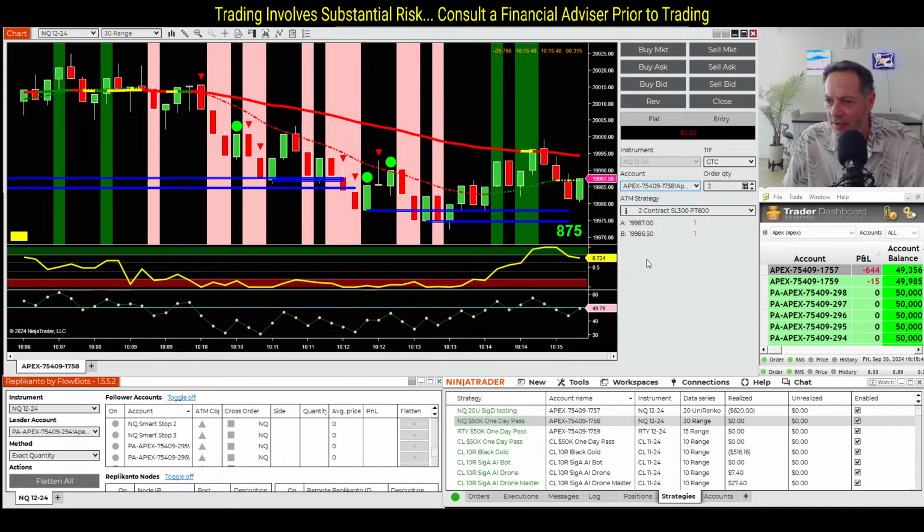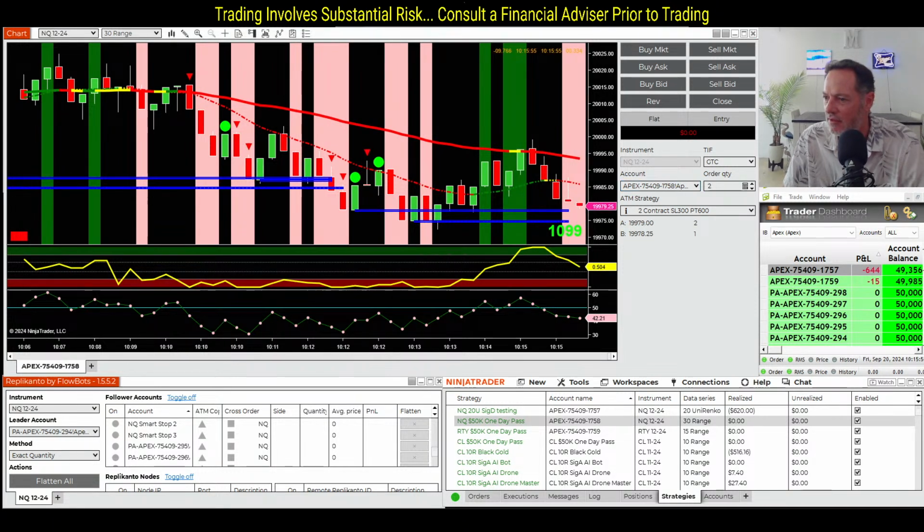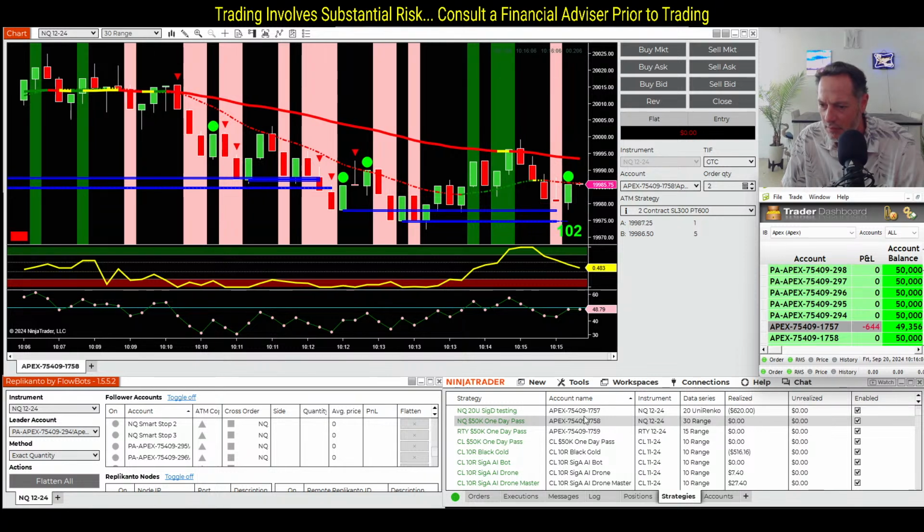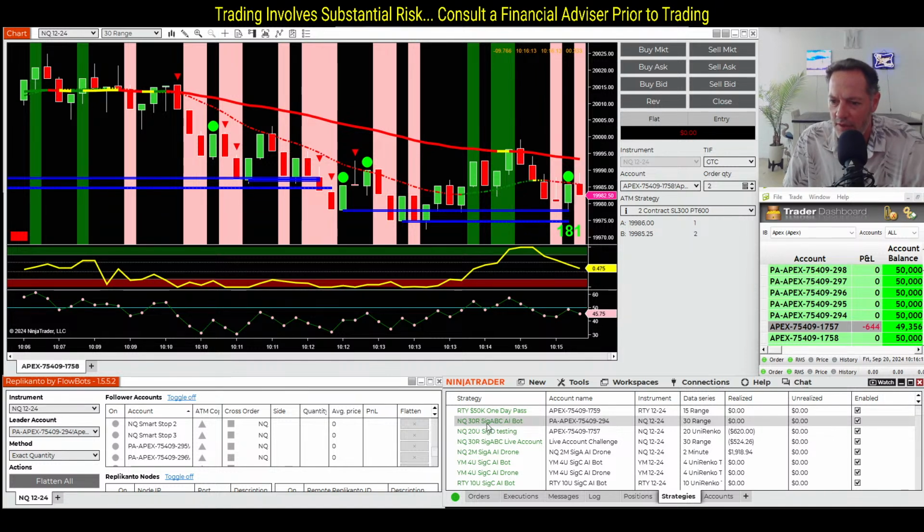Okay, trying to set up for a signal A here, ODP. A little bit close to this support line here, keeping us out of this trade. I've got the PA account running on signal A, B, C on the bot, and it comes to life at 10, so it is alive.